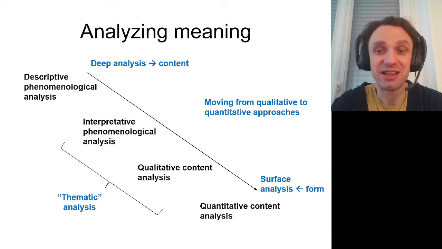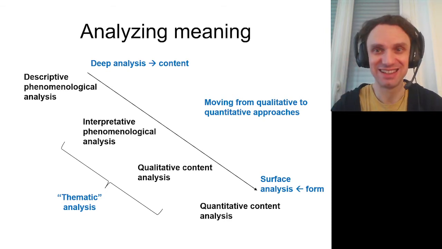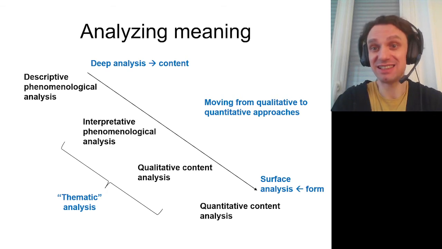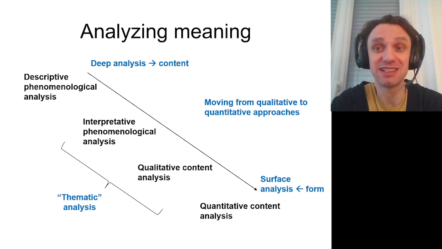So for example, I could ask people how they're feeling right now, collect open-ended answers, and then I could classify them into positive and negative emotions, and just count the number of times each person mentions a positive emotion or a negative emotion in their open-ended answer. And then the result of my analysis will be basically a matrix that I could use in SPSS or R or anywhere.